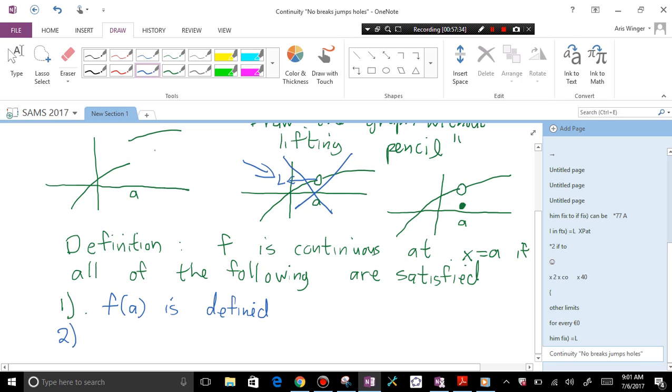That's exactly correct. The particular issue here is that the limit doesn't exist. So we need the limit as x goes to A of f of x to exist. That gets rid of that problem.